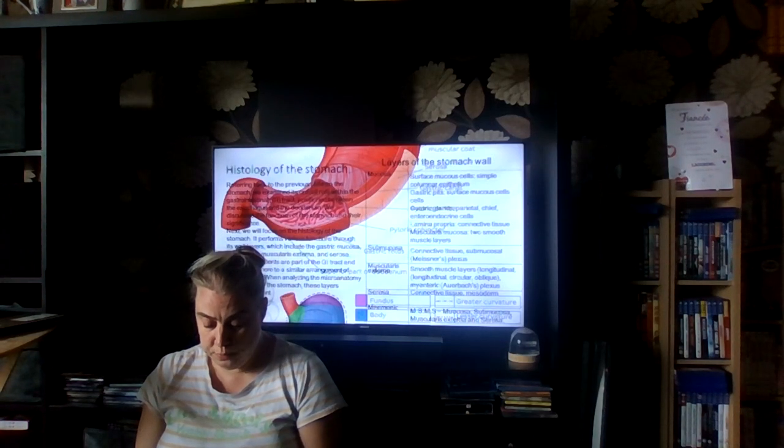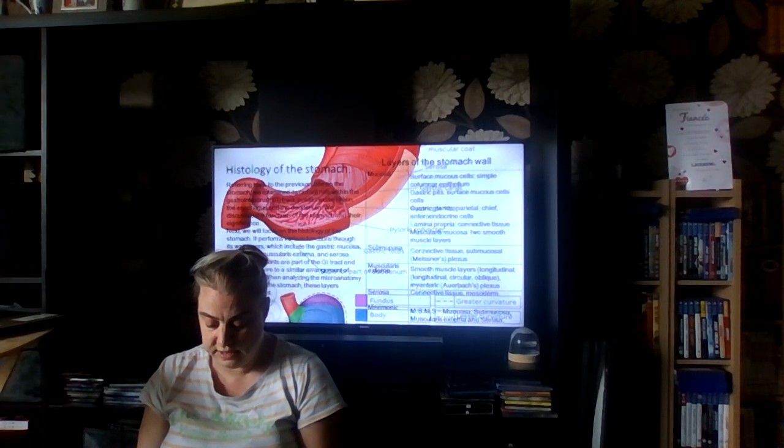The mucosa and submucosa within the stomach have folds known as rugae or gastric folds, which expand to allow the food to enter the system. The different tissues help the stomach to break down the food or liquid within the digestive system.